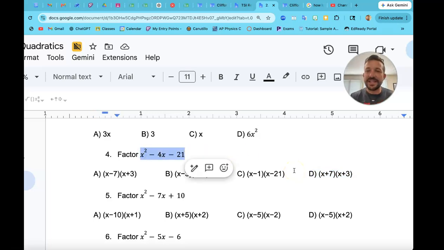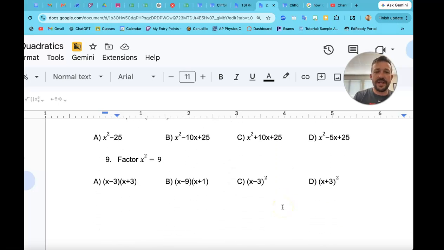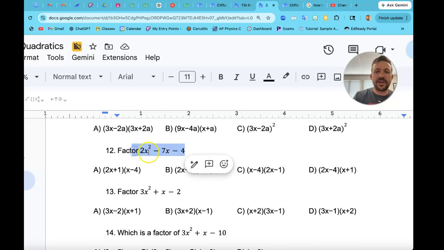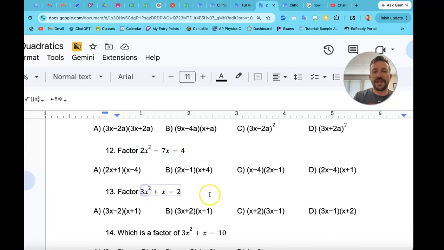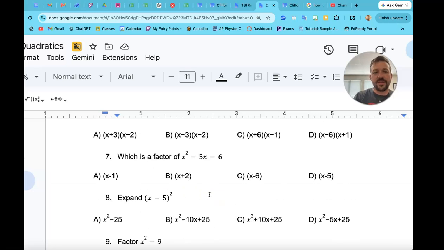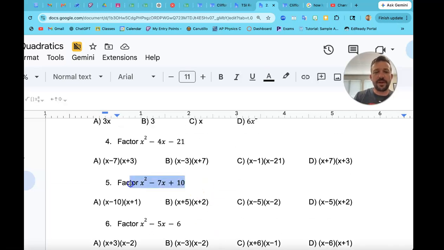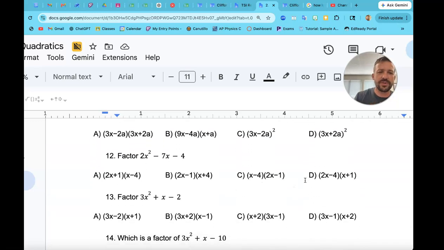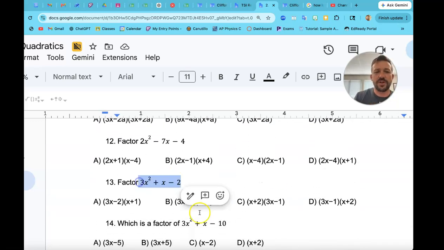That might be the easiest route on some of these, especially ones where the leading coefficient is a 2 or a 3, any number that's not a 1. These ones with a 1 in front of them, like I'm about to show you, are pretty easy. Most of my students always get those. But with larger numbers in the front, my students start getting a little tripped up when we get to those.